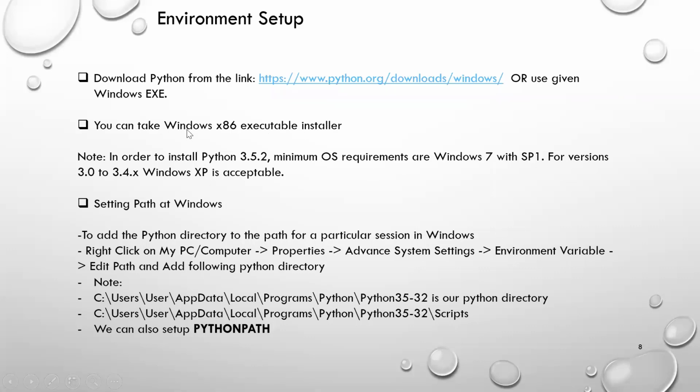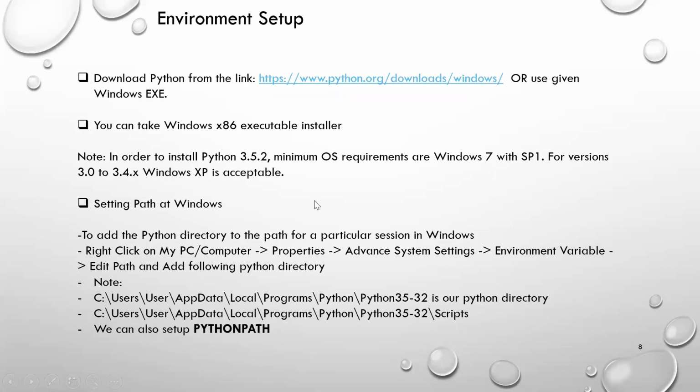And for Windows, if you start installing, it will ask you to add the Python directories into the path variable of Windows. So you should say yes, so that you can avoid this step of setting up Windows.